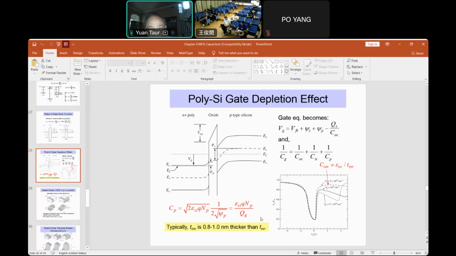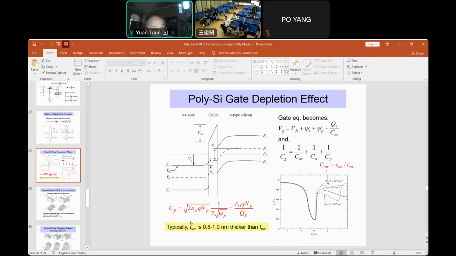When T-ox is scaled down to below 2 nanometers, or even below 1 nanometer today, we cannot pay this price of 1 nanometer thicker than the oxide. That's why the industry now uses a metal gate instead of the polysilicon gate.